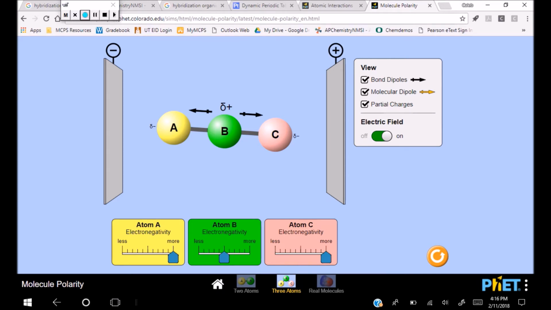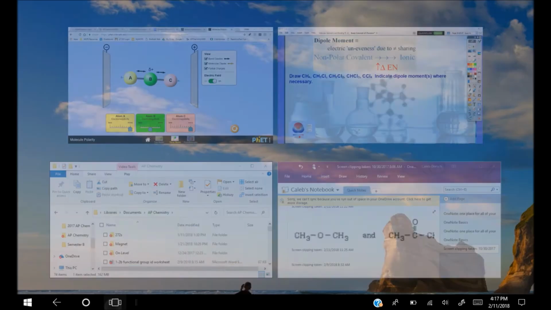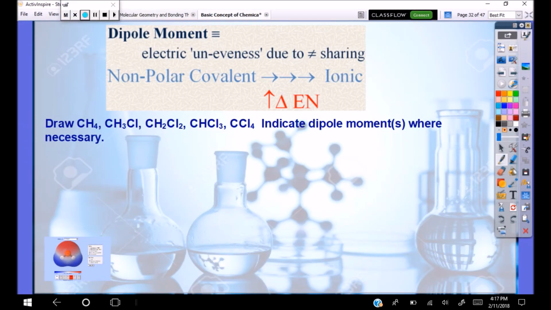You see that the dipoles cancel each other out because they're in equal and opposite directions, and then there's no molecular dipole. So that's really important. You can have polar bonds, but not be a polar molecule if your geometry allows you to pull in equal and opposite directions.